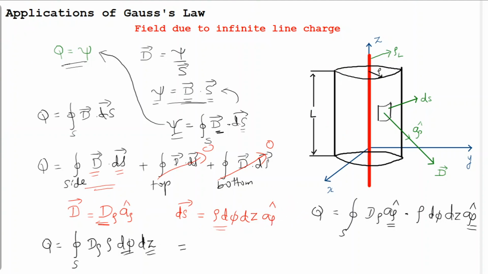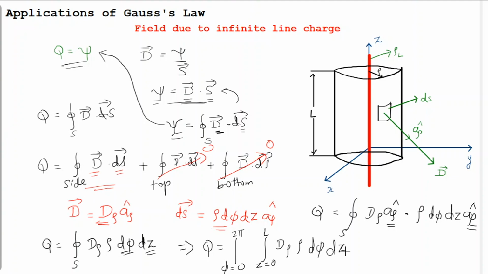Okay, understanding that and applying that, I evaluate Q as the double integral where phi varies from 0 to 2 pi and z varies from 0 to L, of d rho, rho, d phi, dz.